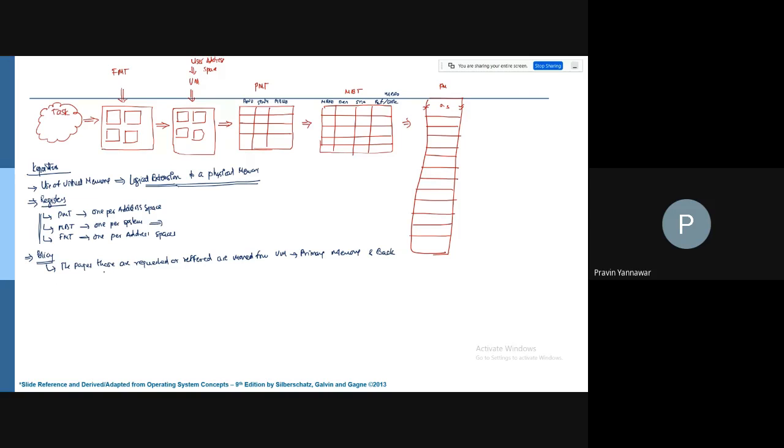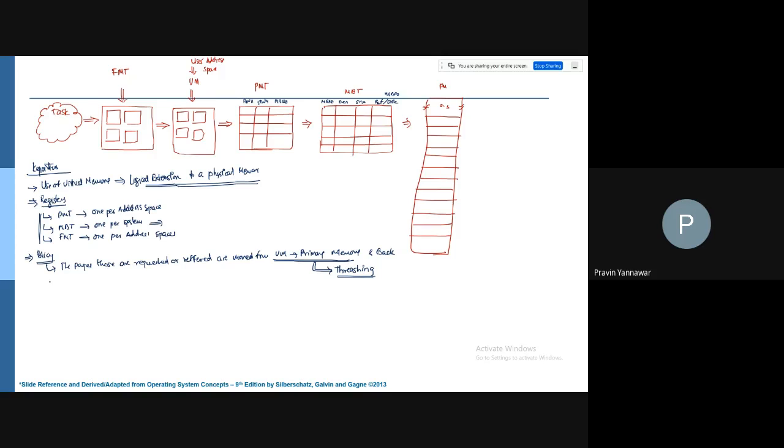When the pages are referred from virtual memory to primary memory and back, this leads to the concept of thrashing. This is really very important. So the concept of thrashing is going to come.